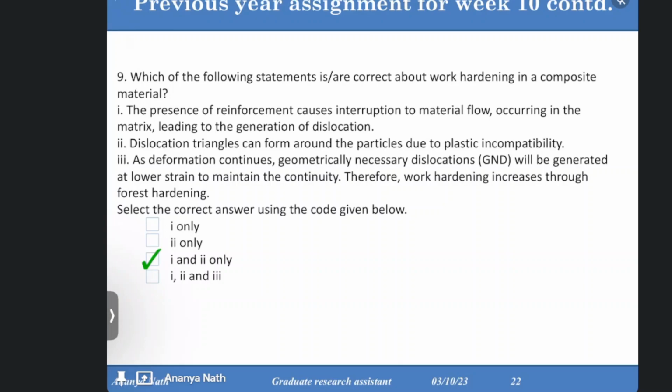Ma'am, can you explain the dislocation triangle? Whatever I have shown in this diagram, these are called dislocation triangles. It's not like a real triangle. Okay, ma'am. These are well distributed.